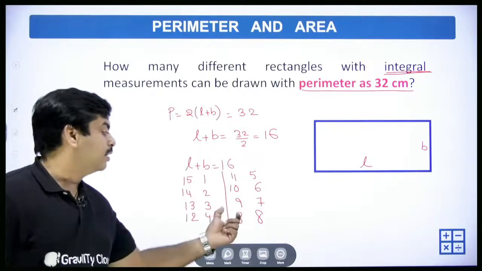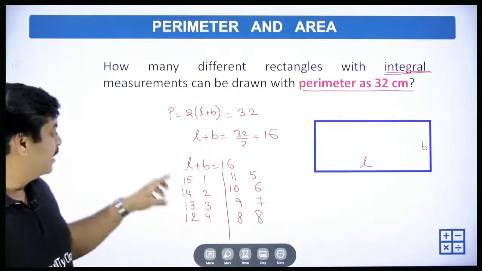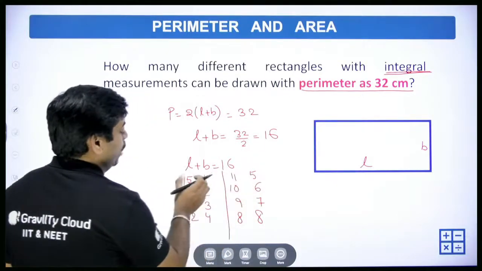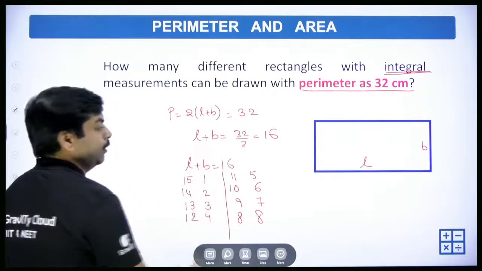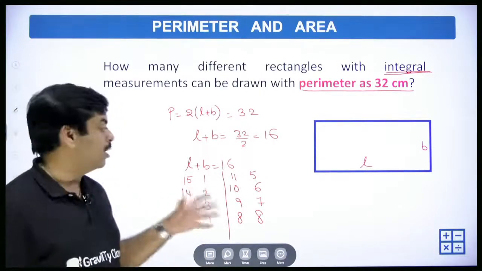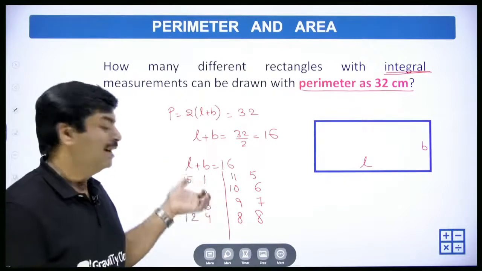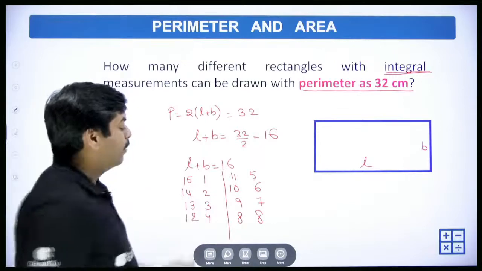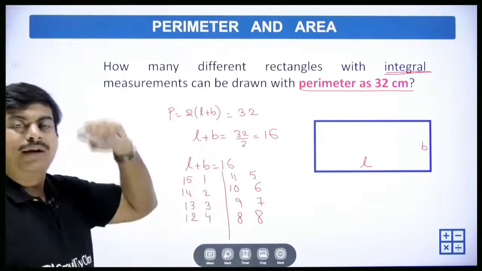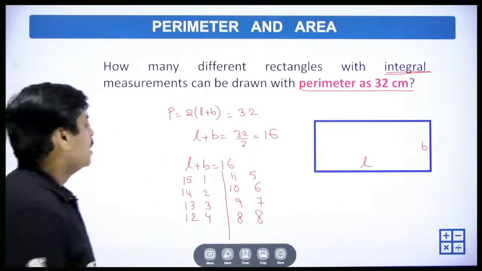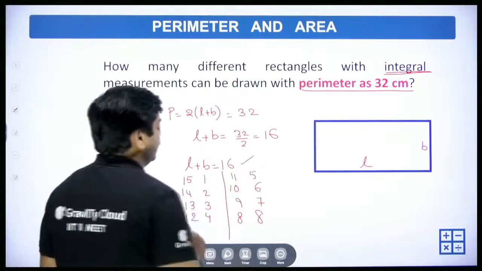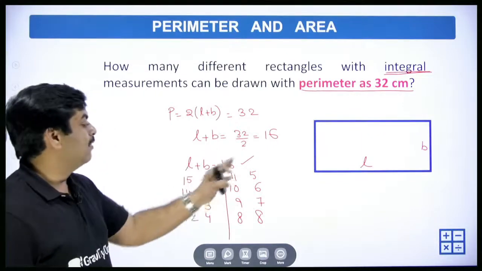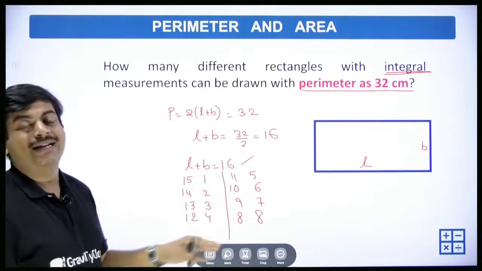You can extend this to 7 and 9, but we have already discussed 9 and 7. Likewise 6 and 10, 5 and 11, 1 and 15, 2 and 14, 3 and 13, 4 and 12. All these are the same shapes with length and breadth swapped. If length is 9 and you try to make the breadth 9, that will again become the length. So the possibilities for L plus B equals 16 are 15 and 1, 14 and 2, 13 and 3, 12 and 4, 11 and 5, 10 and 6, 9 and 7, and 8 and 8.